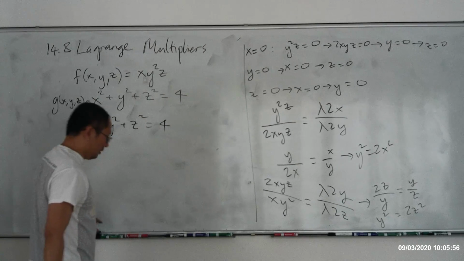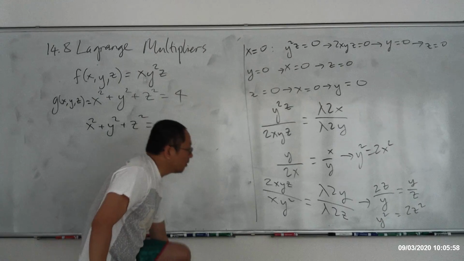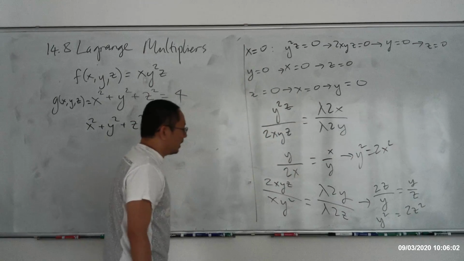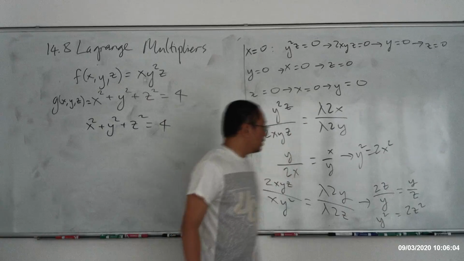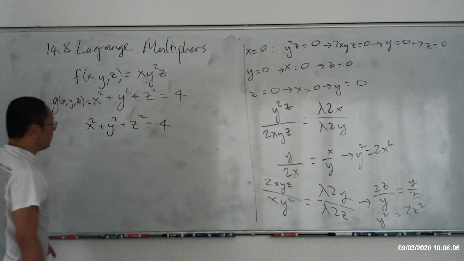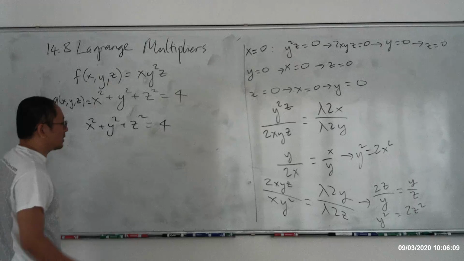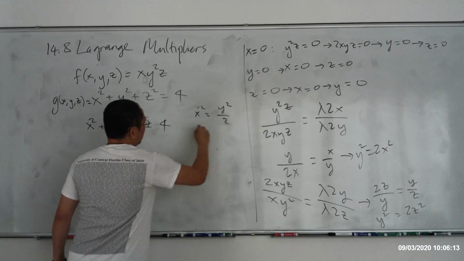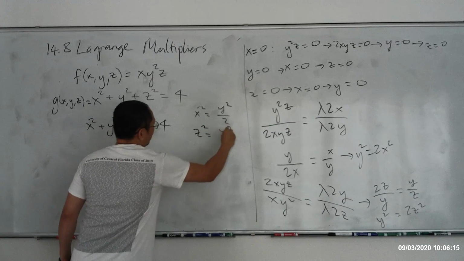So y squared is equal to 2x squared, y squared equal to 2z squared. So let's solve for x squared. X squared gonna be y squared over 2, and z squared is also y squared over 2.